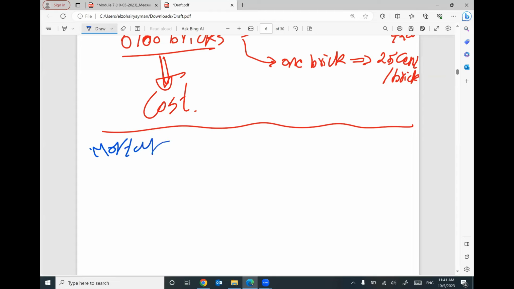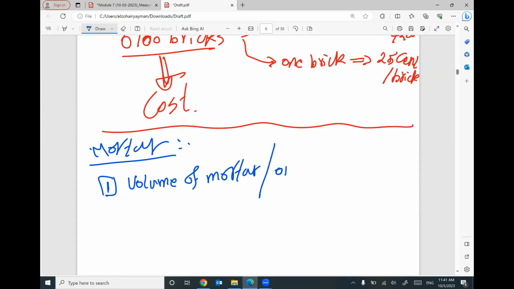We have 4 steps. Step number 1. What is the volume of mortar needed to construct one brick or one block?